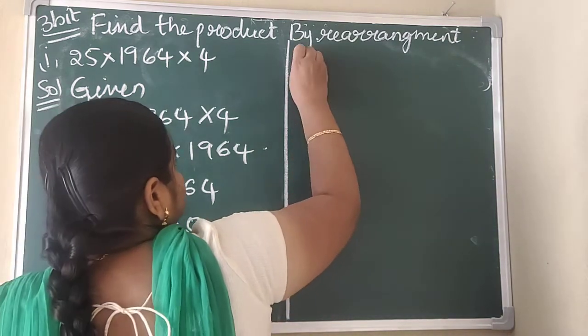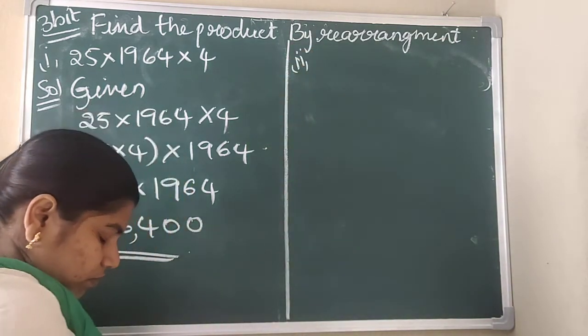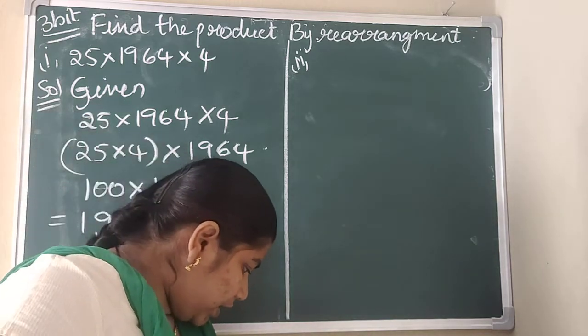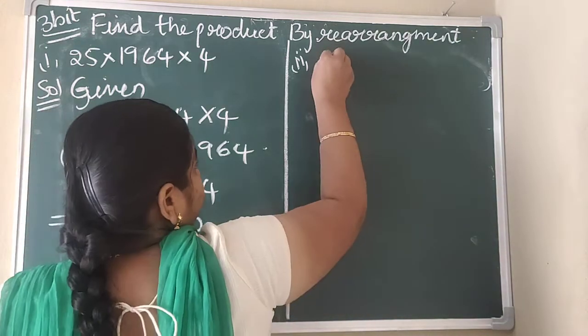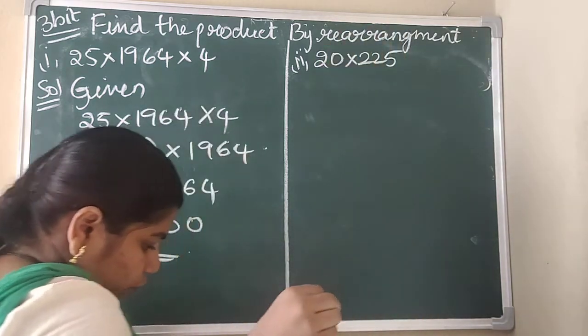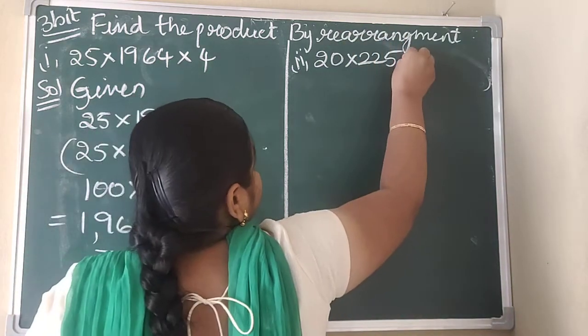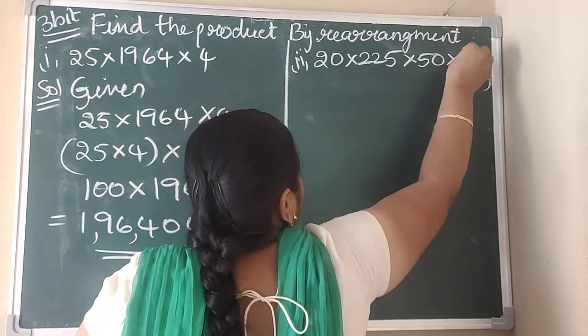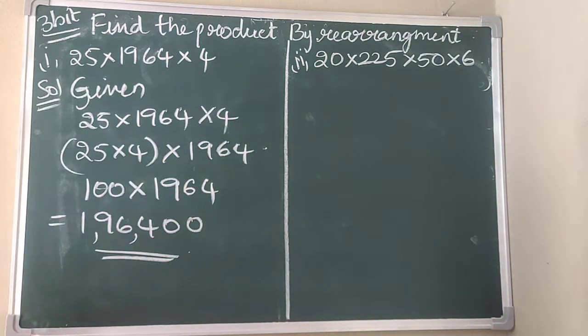So second one. What is the second one? The second one is 20 into 225 into 50 into 6. We can arrange in any order, because if you multiply any units place, again the result will be 0 only.